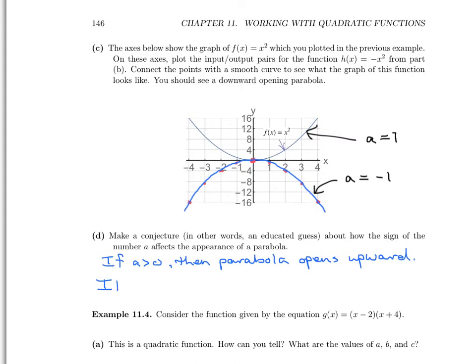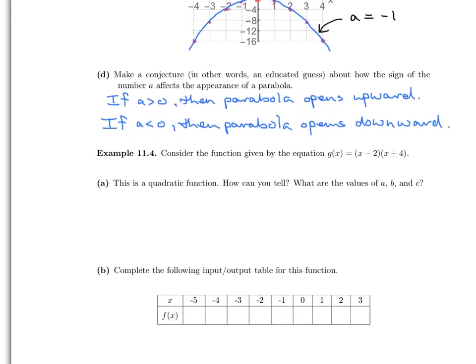And if a is negative, or less than 0, then the parabola opens downward.